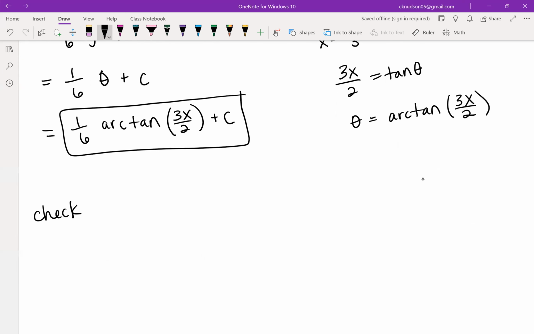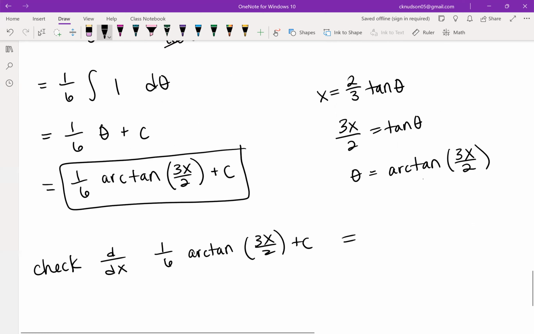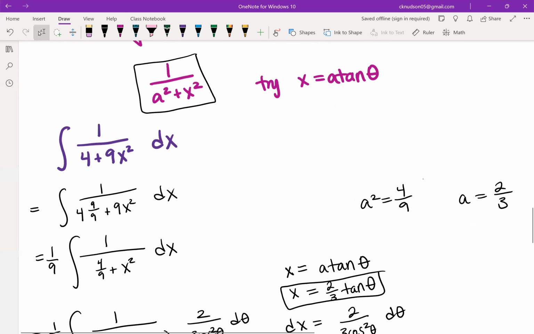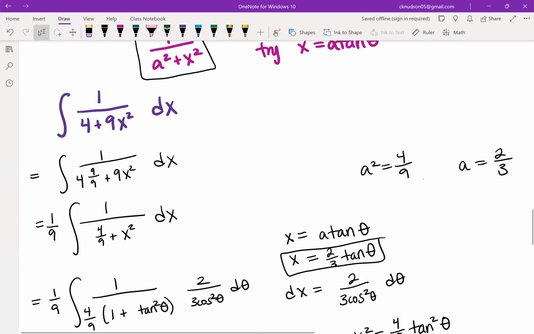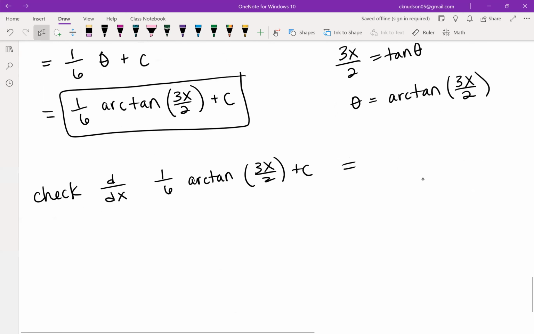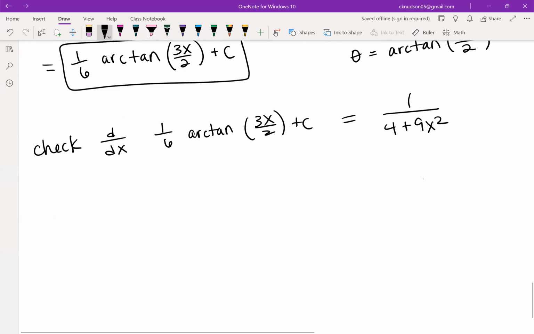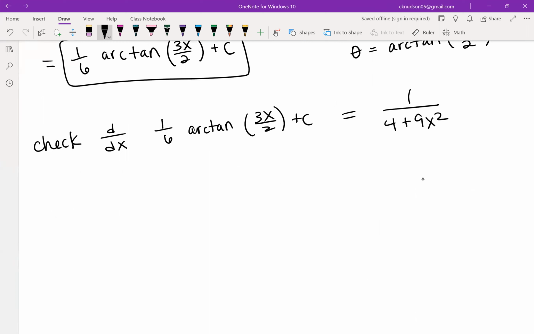Now we can check to make sure that the derivative of 1/6 arctan 3x over 2 plus our constant is equal to the thing we were originally integrating, which is 1 over 4 plus 9x squared. Okay, so let's go ahead and calculate the left-hand side. Let's do this derivative. We've got 1/6, 1 over 1 plus 9x squared over 4.